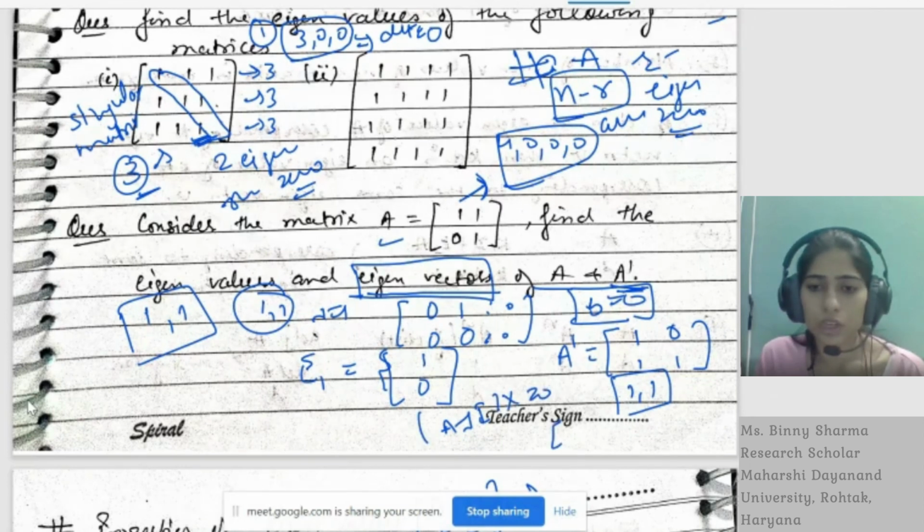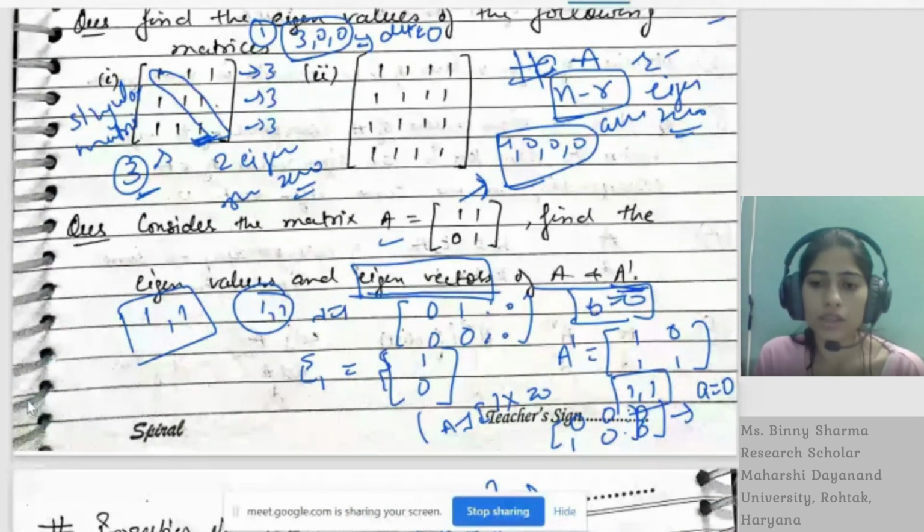Lambda here is 1, so 0 0 1 and 0. So solving this, a should be 0 and b is a free variable. So the eigenvector of A transpose will be 0 1.